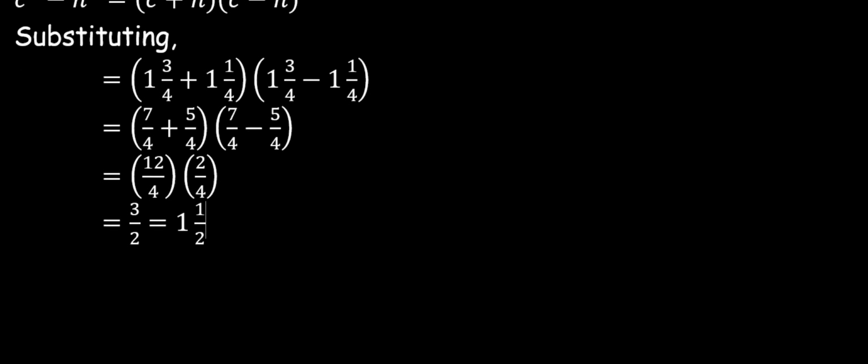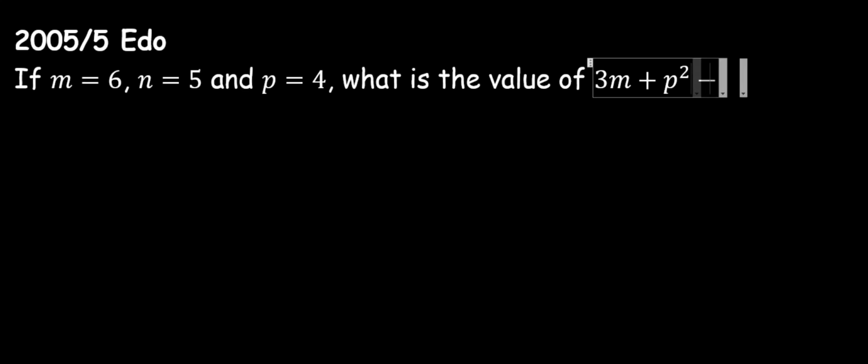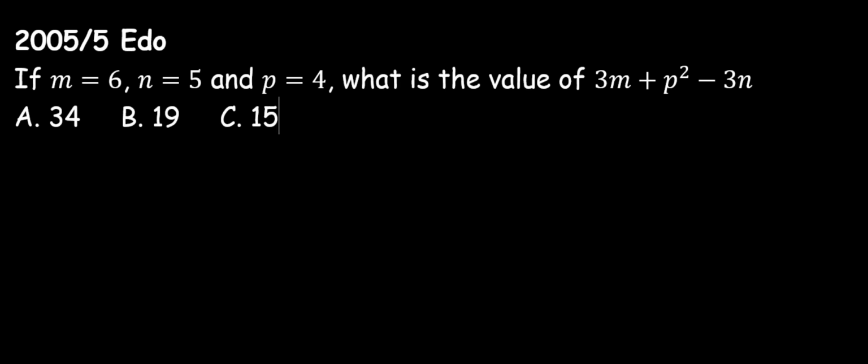Another example. If M is equal to 6, N is equal to 5, and P is equal to 4, what is the value of 3M plus P squared minus 3N? The options are given: A, 34, B, 19, C, 15, D, 12, E, 11. Solution.